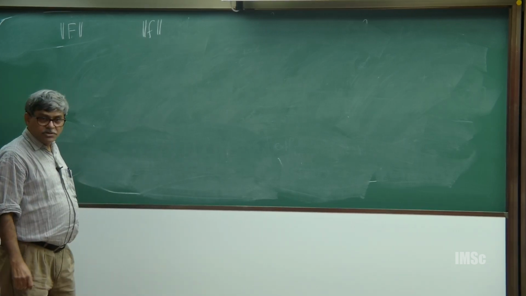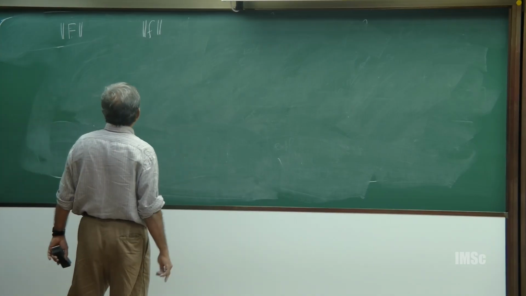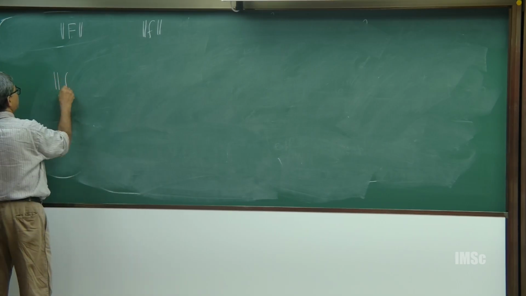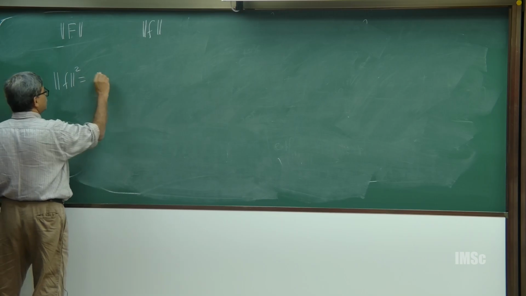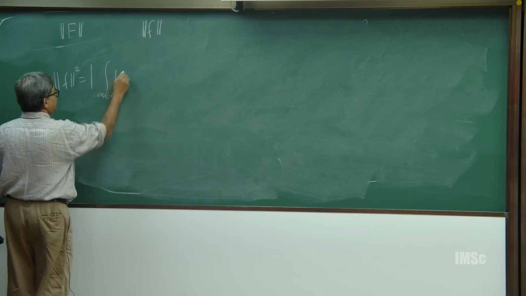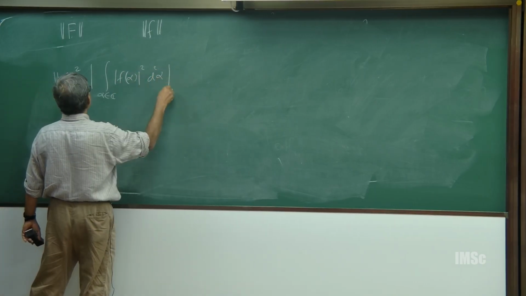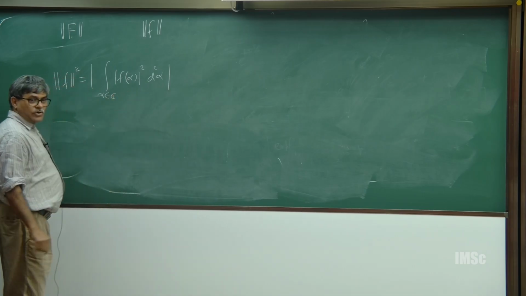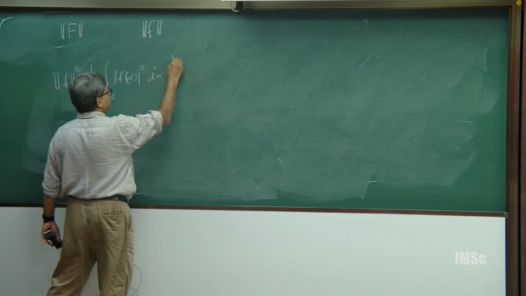The norm of this function is equal to the square root of the integral over alpha belonging to C of mod f of alpha mod squared, d square alpha. This is the norm, right, or you can say this is to the power half, same thing.